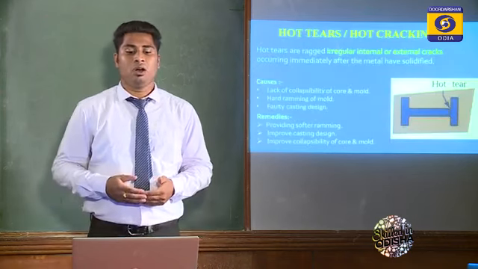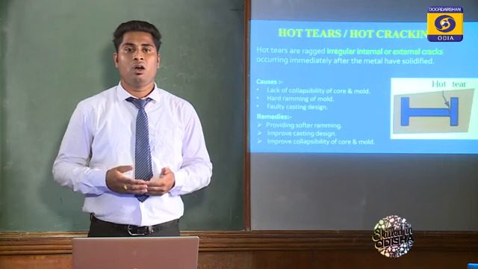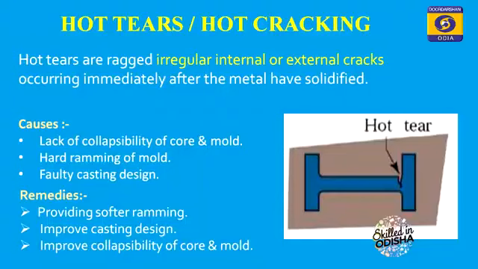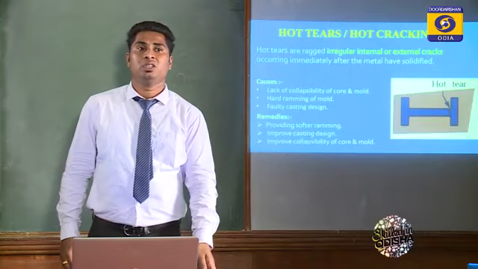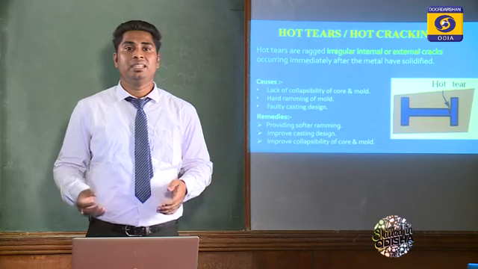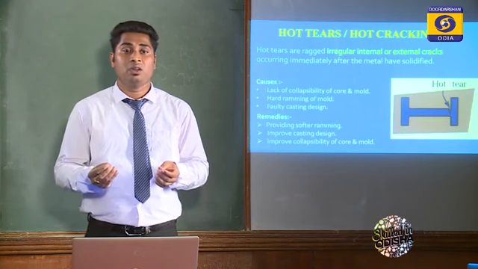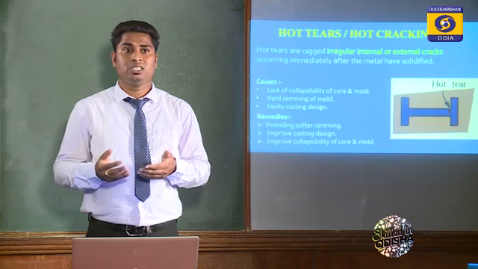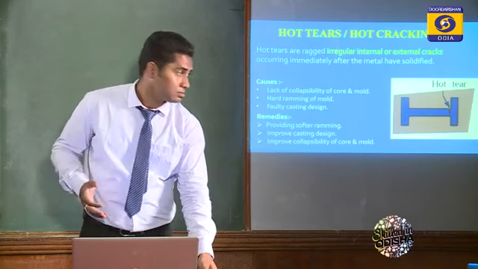Next is hot tears and hot cracking. Hot tears are irregular internal or external cracks occurring immediately after the metal has solidified. So after solidification, there is a chance of cracks forming in the casting product, which are called hot cracks.